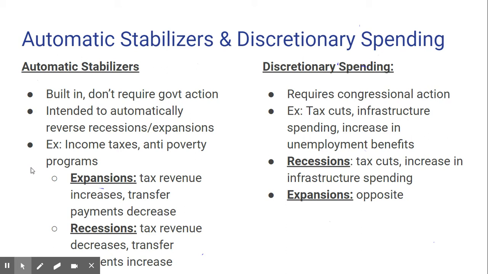Now, does the government sometimes step in and authorize additional spending? Yeah, and that's known as discretionary spending. So here's a great example of discretionary spending. In March, when COVID-19 really hits home in the United States, people who lost their job apply for unemployment, and they get it. All right, that's fine. That's an automatic stabilizer.